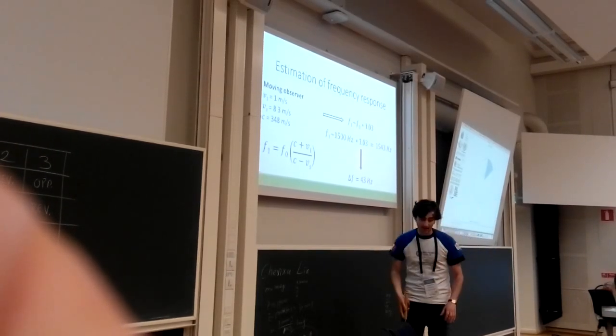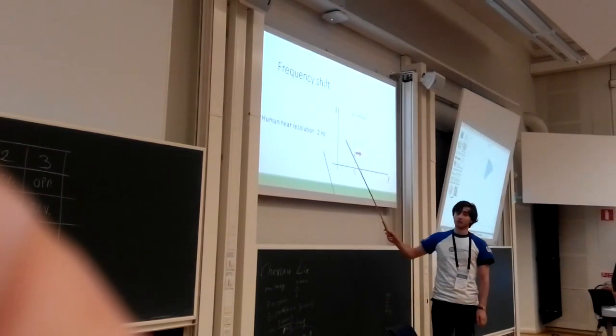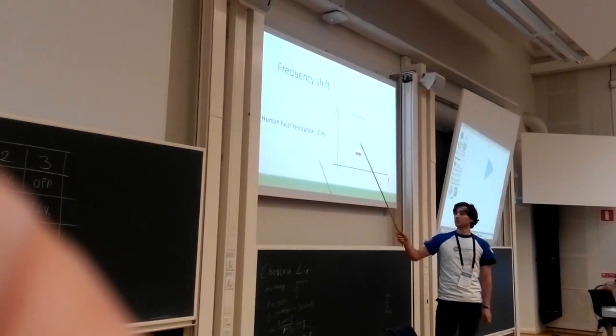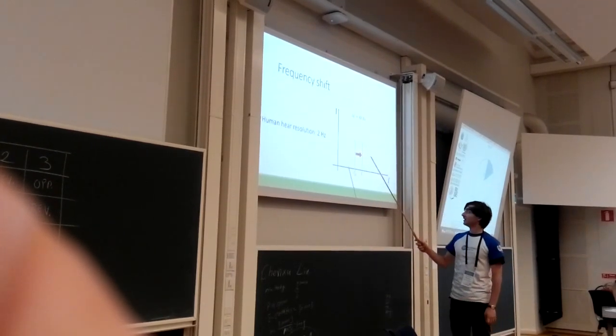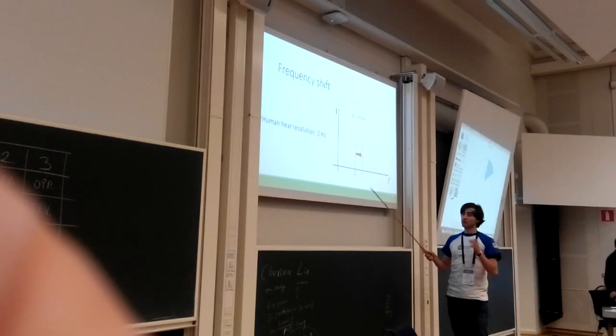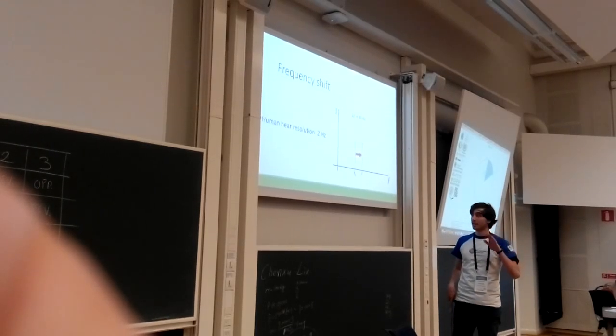This is quite a tiny shift if we think that the human ear resolution is just about 2 hertz. But actually, this resolution for humans is just for the idea that you can distinguish two different frequencies if you can hear them purely.